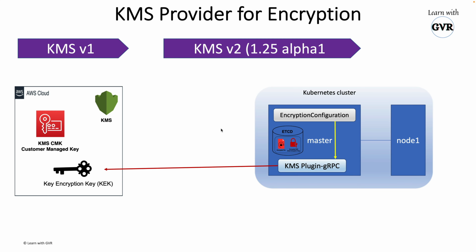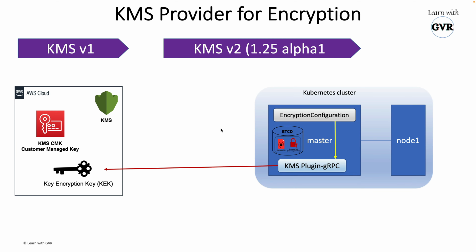Let's say I echo a big string like "learn with GVR" and base64 encode it. This is my base64 encoded string, which you will copy, because this is kind of my key. This is my key, right? And go to the slide.